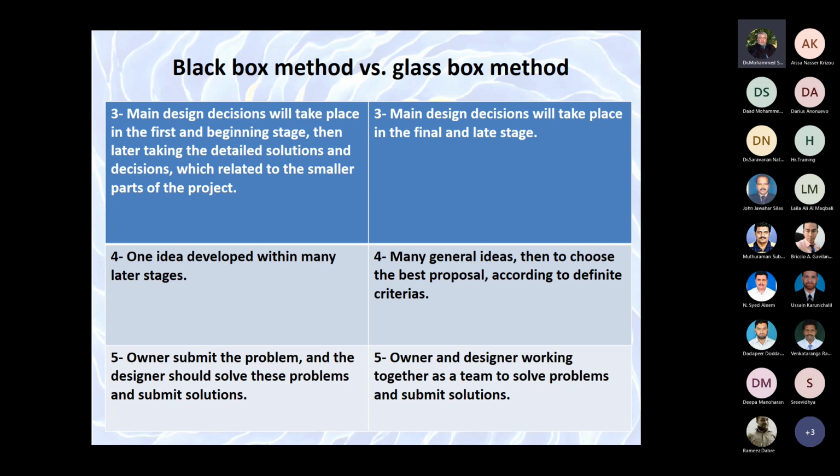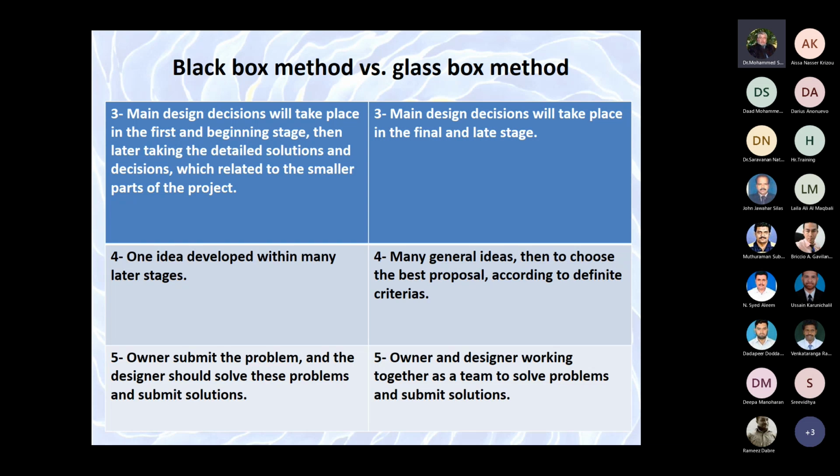In the black box, the main design decision will take place in the first and beginning stage, while in the glass box, the main design decision will take place in the final and late stage. These are the differences between these two methods. In the black box method, one idea is developed within many later stages, while in the glass box method, there are many general ideas, then the best proposal is chosen according to the defined criteria.